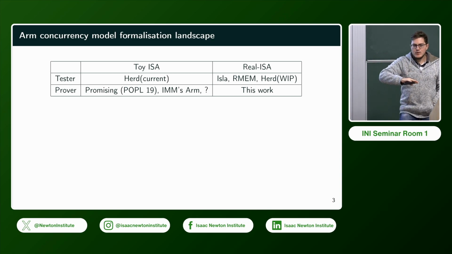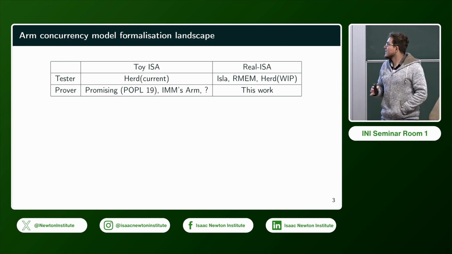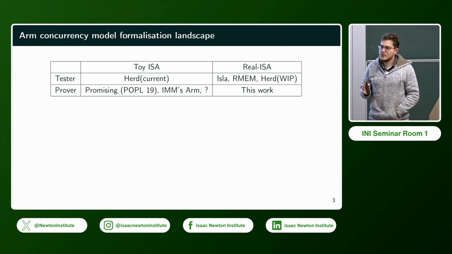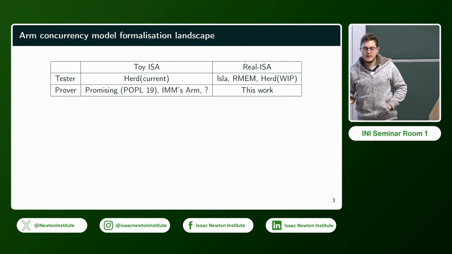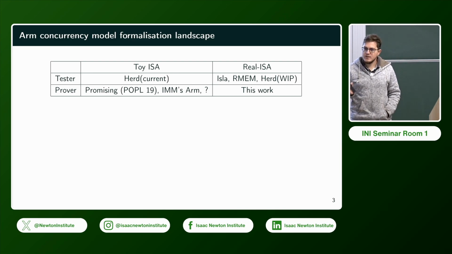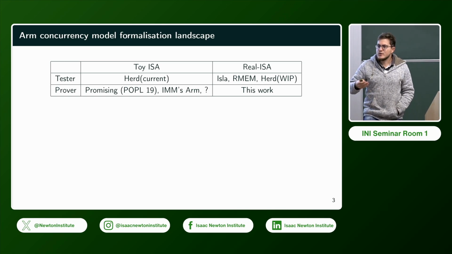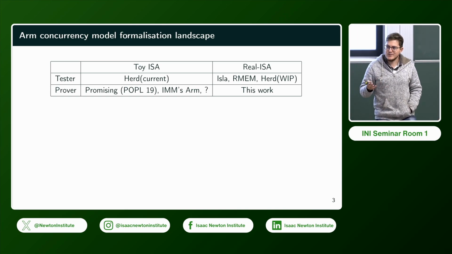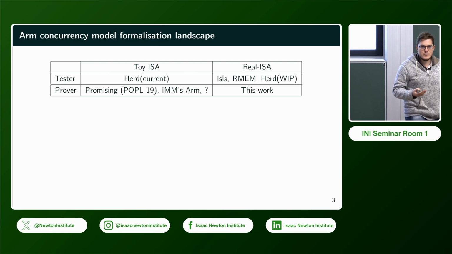But in the prover world, like in proof assistants, so far, as far as I know, all the developments have used some kind of toy ISA. For example, the Promising proof of POPL 19 that proved an equivalence between a Promising and an axiomatic Arm model just had a toy assembly with like 5 or 6 instructions as the baseline for that proof.